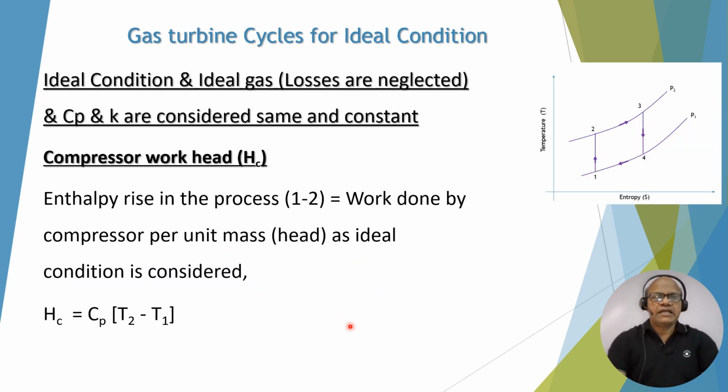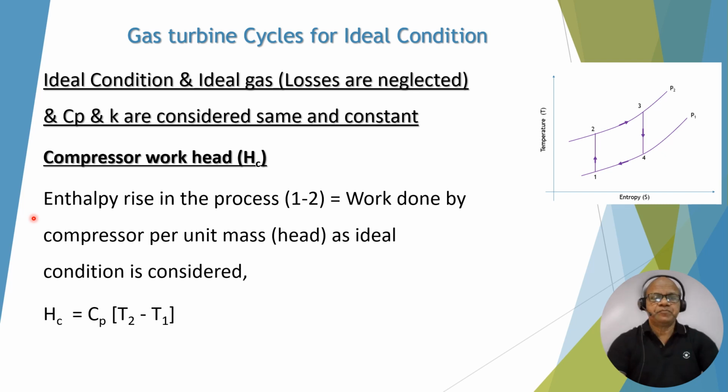Now consider the gas turbine cycle for ideal conditions with an ideal gas. Losses are neglected. Cp and k are considered the same everywhere and constant. So in the compressor, what is the work head HC? It is the enthalpy rise in process 1-2, which is equal to the work done by the compressor per unit mass.